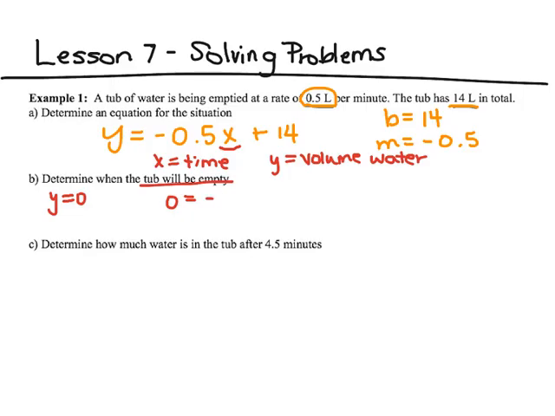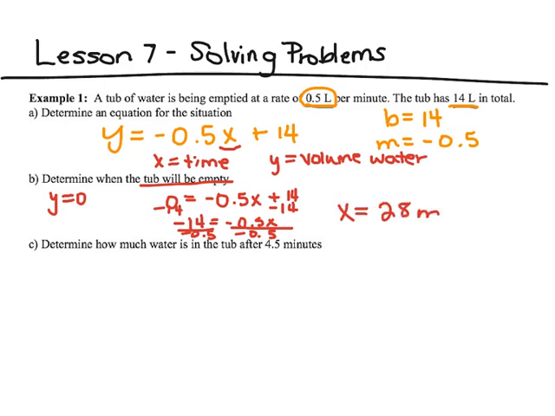So we have 0 is equal to negative 0.5x plus 14. We minus 14 from both sides, so we have minus 14 is equal to negative 0.5x. Divide by negative 0.5. So the tub will be empty in 28 minutes.